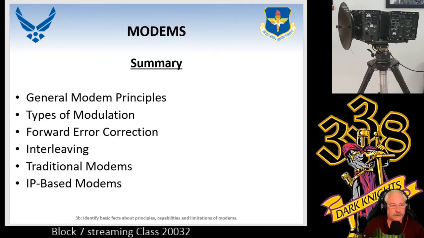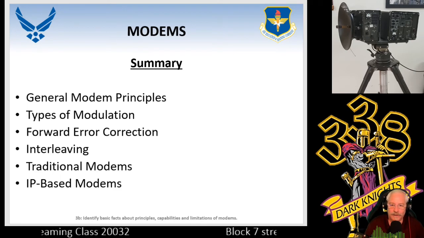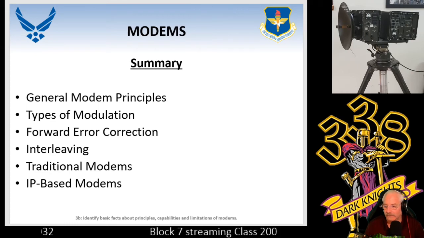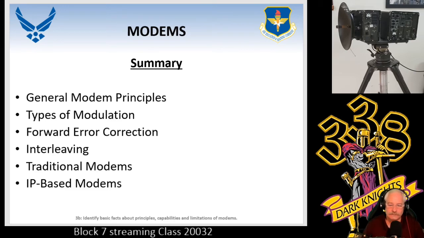All right, so we've looked at general modem principles, type of modulation, forward error correction, interleaving, traditional modems, and IP-based modems. Airman James, question for you. Yes, sir. What are the 3 types of modulation with 1 bit per symbol? Just name one.